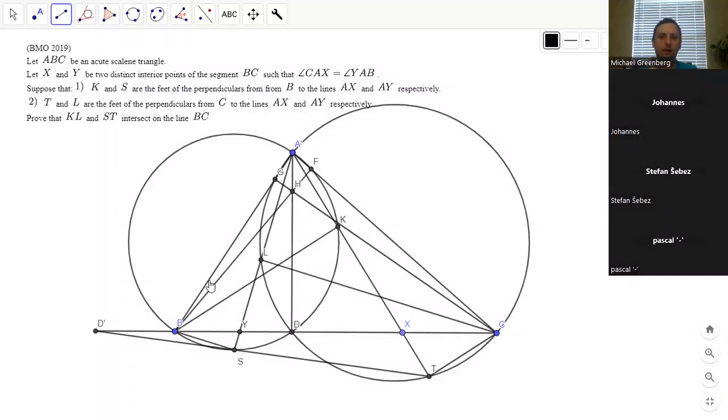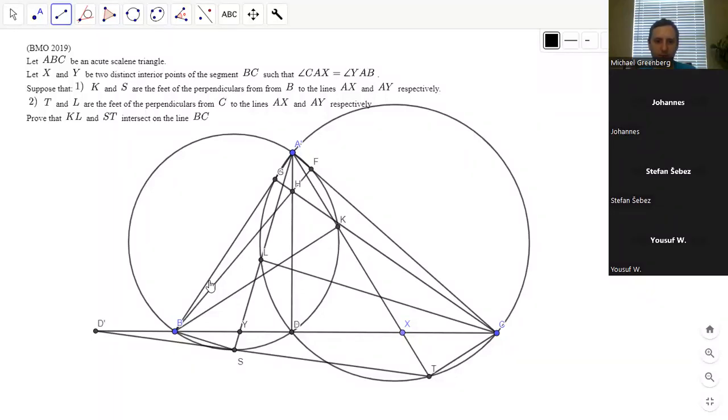So BSA and CTA are similar. ASB and ATC are similar. Yes, exactly. And I think there's even more similar triangles, like BYS and CYL are similar.